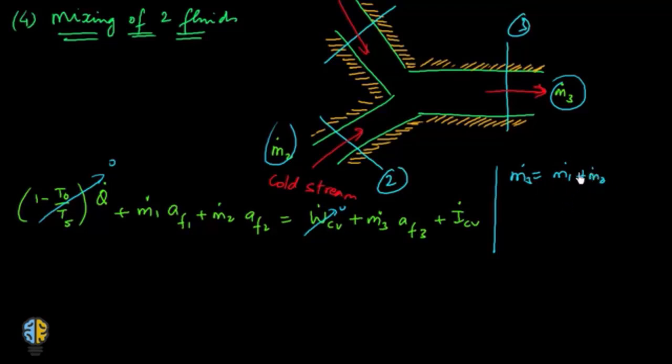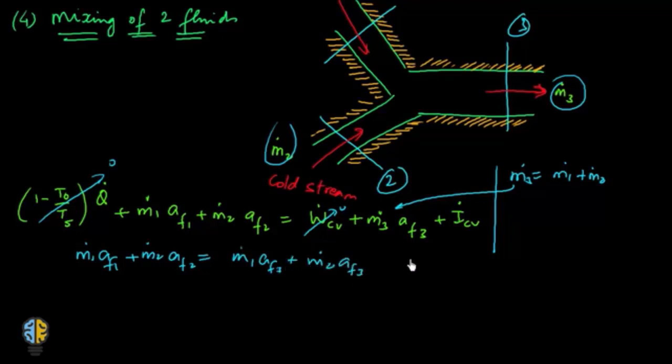Alright, so you can put the value of m3 over here. So you'll get m1 dot into af1 plus m2 dot into af2 is equal to m1 dot into af3 plus m2 dot into af3 plus I dot CV. So this is what you get.